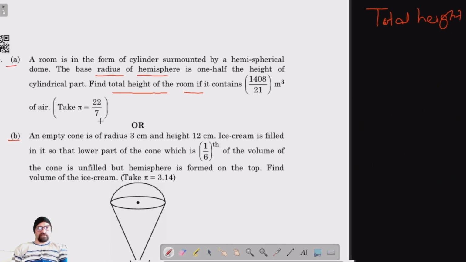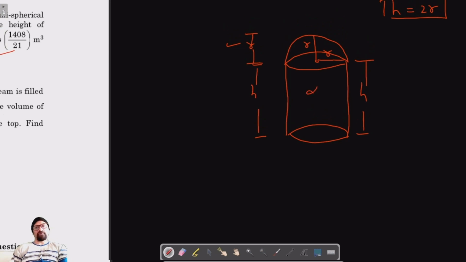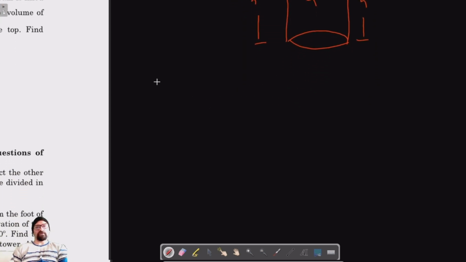Now to find that, it's given that pi should be 22 by 7, and the volume of air in the room is 1408 by 21 meter cube. The volume of air in the room is the volume of cylinder plus volume of hemisphere.